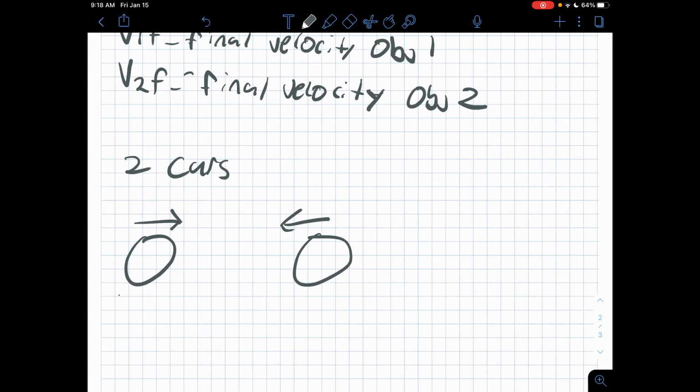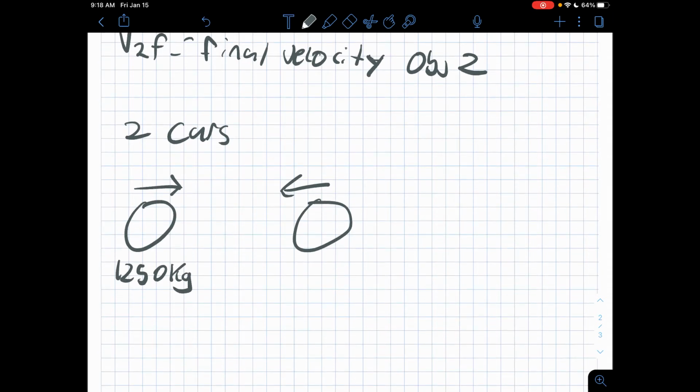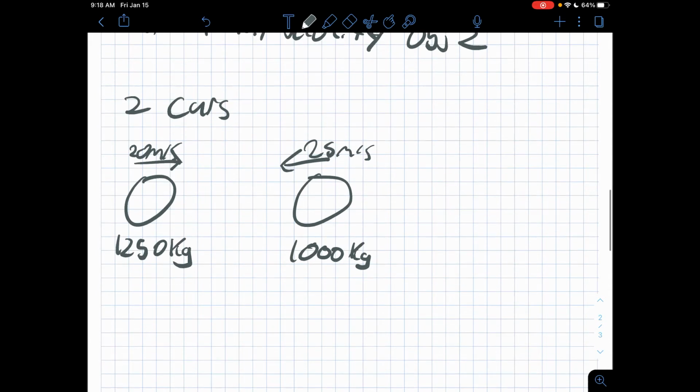Let's say the first car has a mass of 1,250 kilograms and is moving at a speed of 20 meters per second. And then the second car is 1,000 kilograms and is moving at a speed of 25 meters per second.